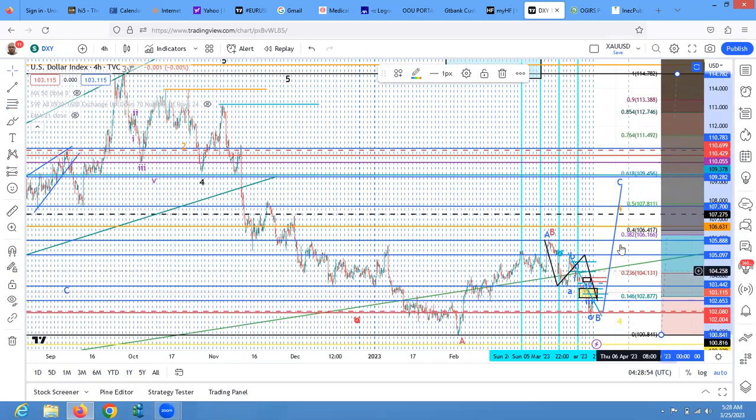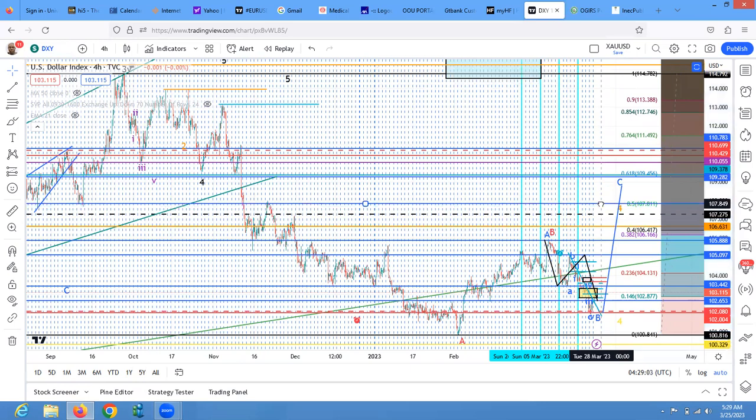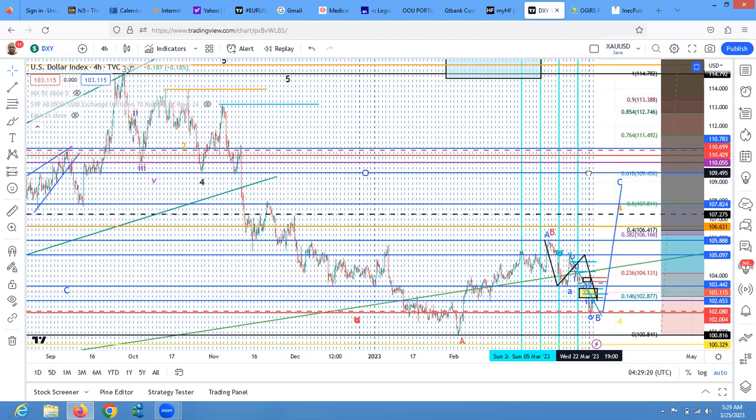And a 50 would have been here at this point on that daily time frame. That would be a 50, and a 61.8 would have been here where we expect C. So a 50.